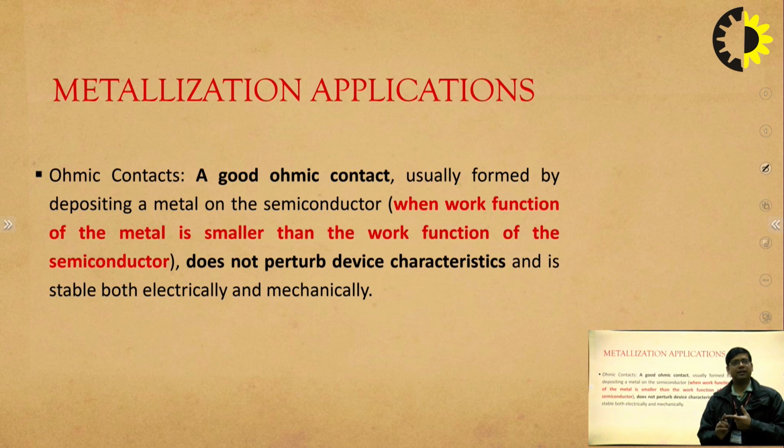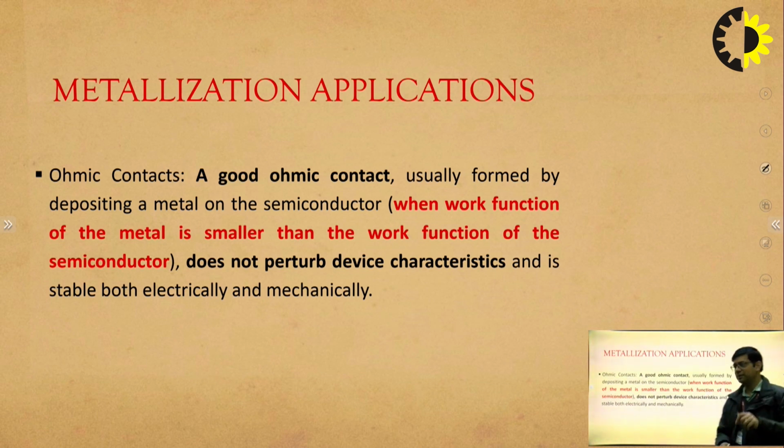The ohmic contact is one which follows Ohm's law, in which current can flow in both directions, from metal to semiconductor and from semiconductor to metal. Whereas a Schottky contact is a rectifying contact where current can flow only in one direction. So here the purpose of metallization is to create an ohmic contact so that the current can flow in both the directions.